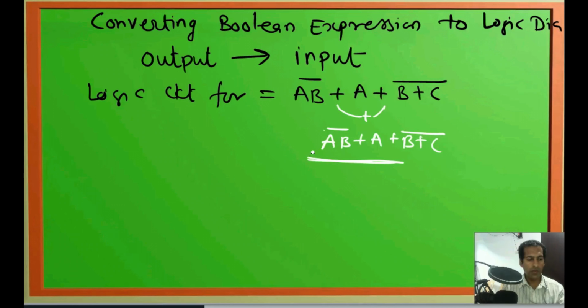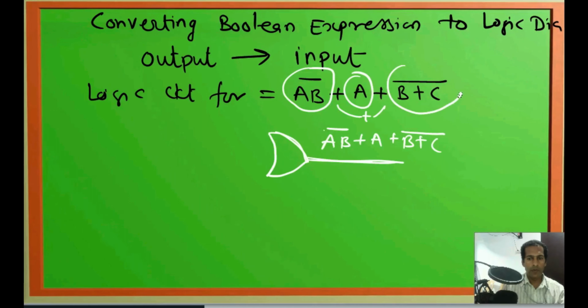At the output all of them are getting added, and added means here I require one OR gate. So this is the OR gate. At the OR gate there are inputs coming from 3 places.